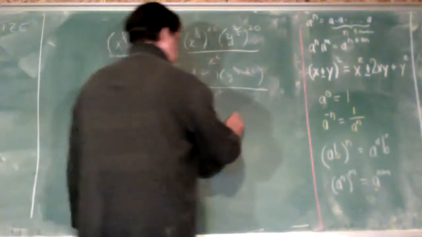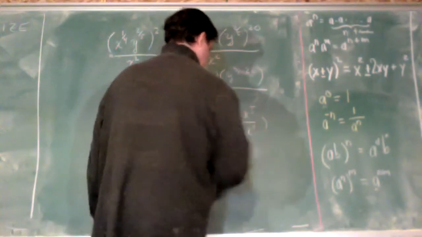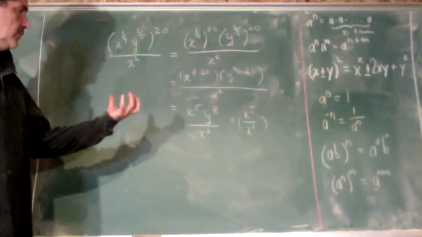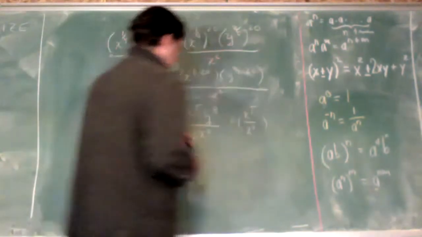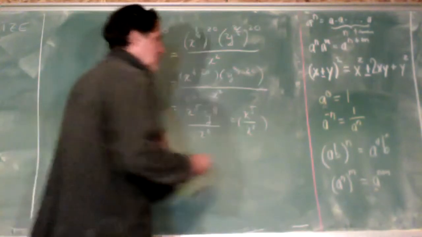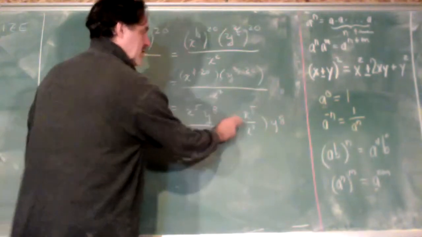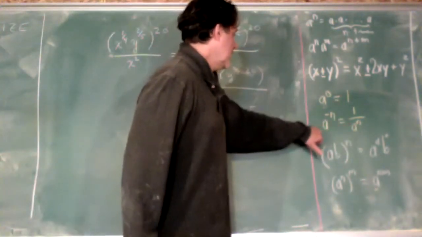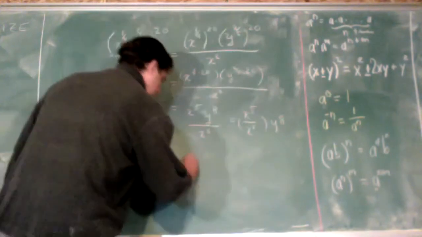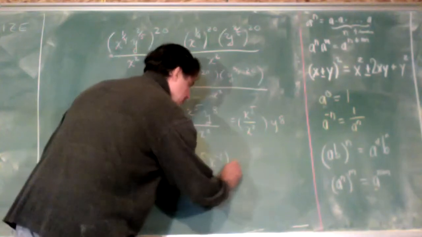At this point, I'm going to insert an extra step, putting together our numerator and denominator like variables. There's y to the 8th. Why did I do that? Because again, remember, x squared, as we defined it, is the same as x to the -2, times y to the 8th.